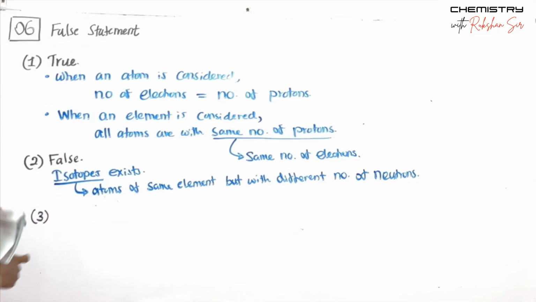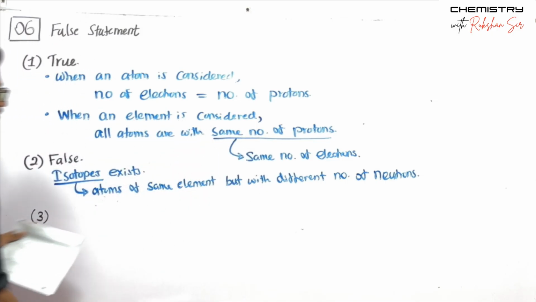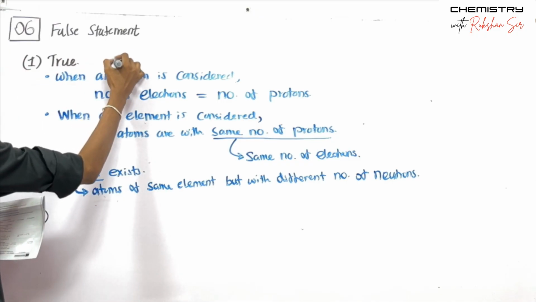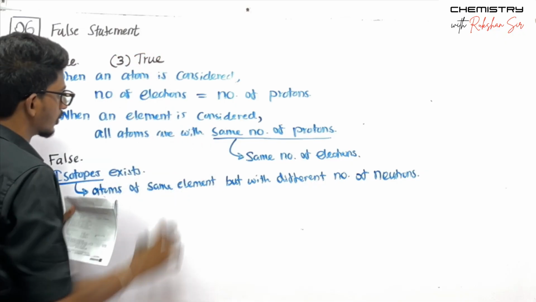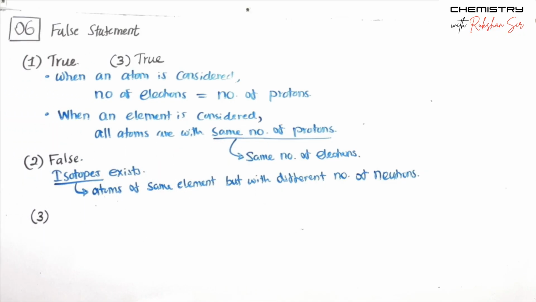That is true. All atoms have the same number of protons. The third statement is also true. This explains that all atoms have the same number of protons when an element is considered.